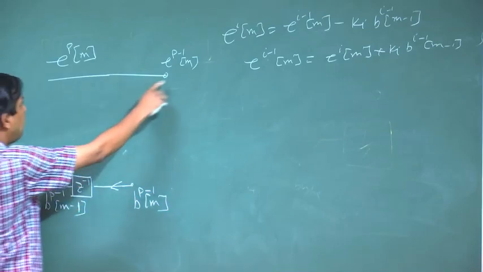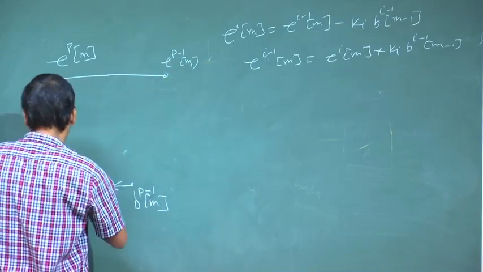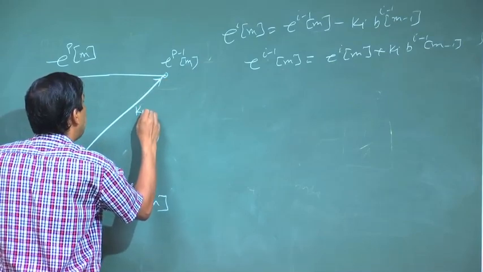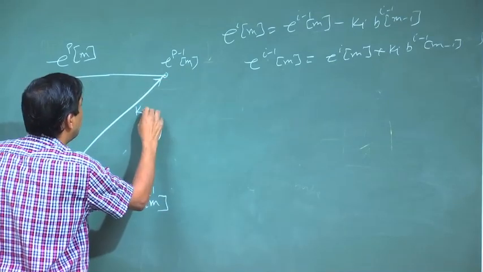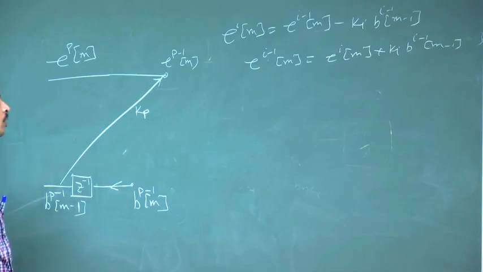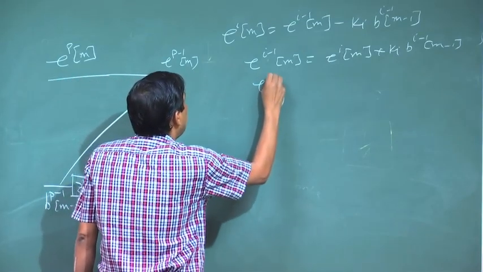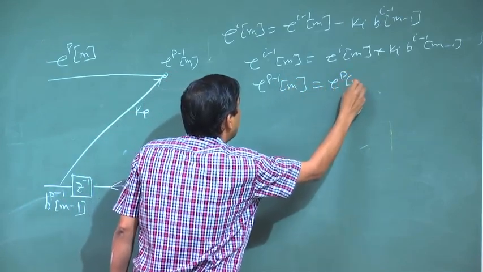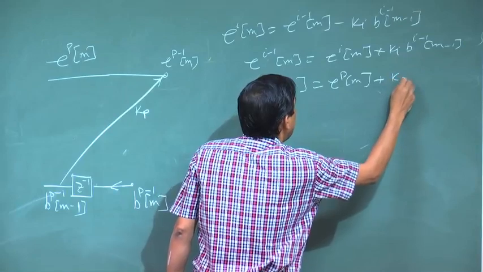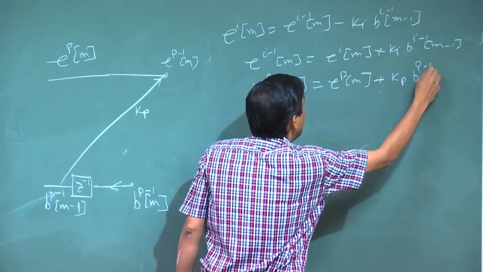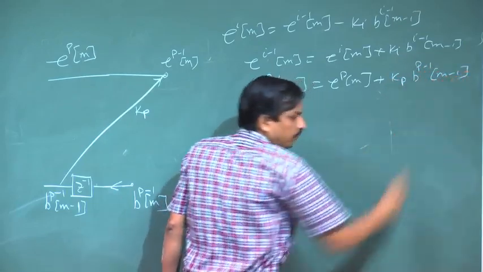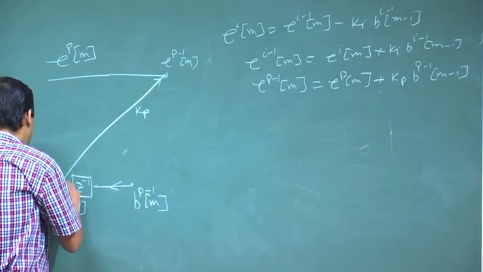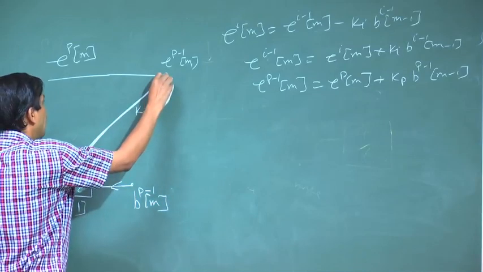So BP minus 1 m has to be added here with multiplication factor K1, which is Kp, I is equal to P. So EP minus 1 m is equal to EPM plus Kp into BP minus 1 m minus 1. Okay, so I can get it.